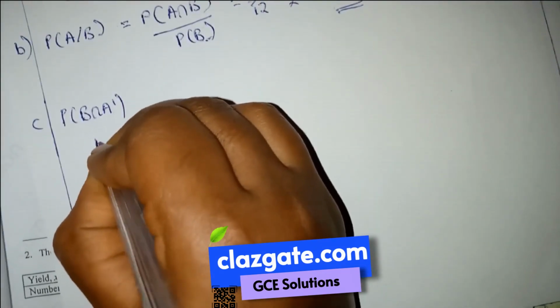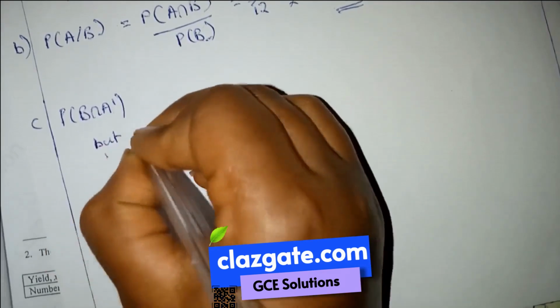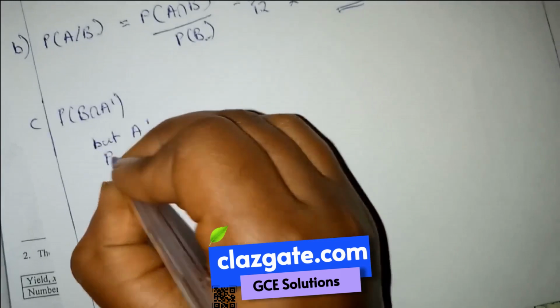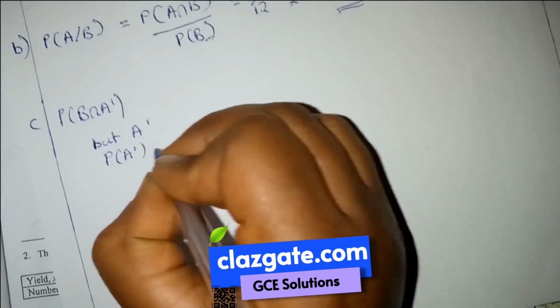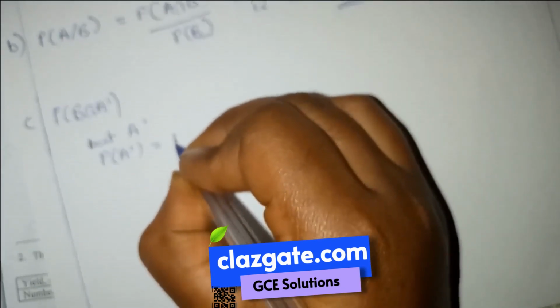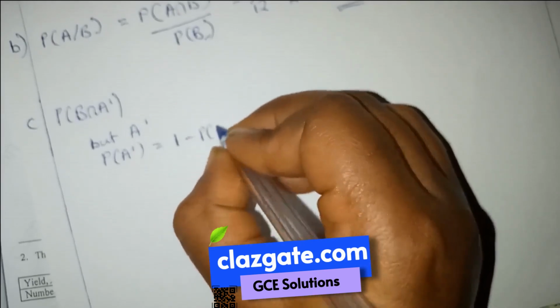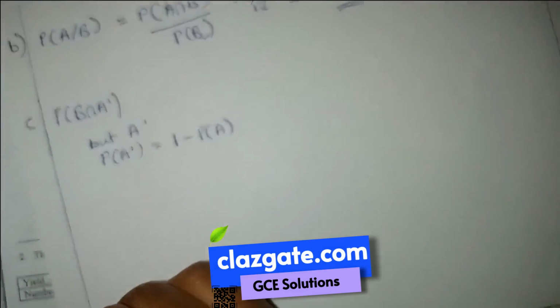Our A complement has not been given. So the probability of A complement is the same as 1 minus the probability of A.